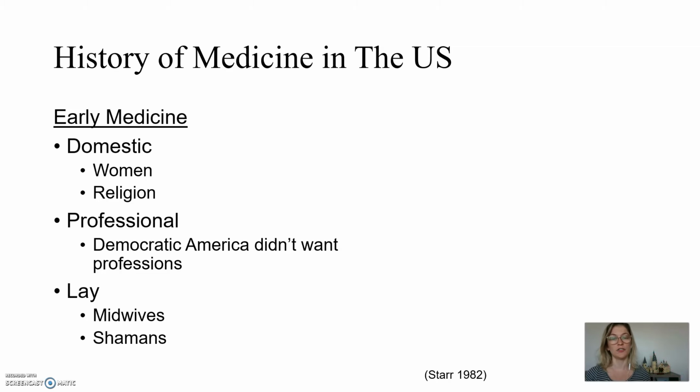You know, we started our own country and everything. Not like there was one already here that was kind of handling the medicine themselves, and then we showed up with the smallpox, which was that pandemic, and oh no, yeah. So this is how these things happen. And then we have lay medicine, which was midwives and native medicine, men and women.